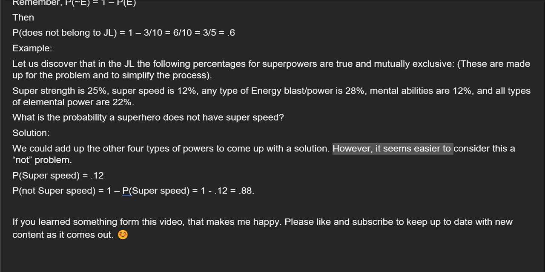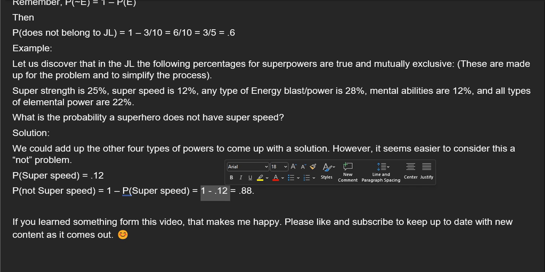It's calculationally easier to consider this as a not problem, because we know that the probability that you have super speed is 0.12. So the probability that you do not have super speed is 1 minus the probability of super speed, which is 1 minus 0.12, which is 0.88. And so we only have 1 calculation here as opposed to 3 additions. That makes it easier.